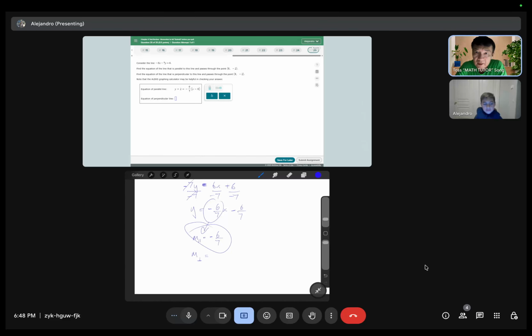And then the perpendicular one looks just like it, but the slope is different. I'm glad they gave you the same point to go through. Yeah, you got it. Looks good.